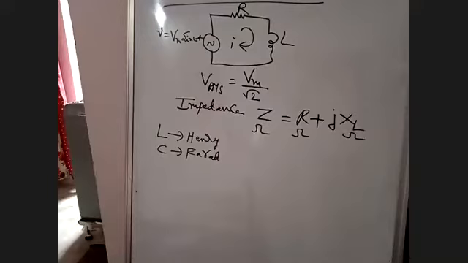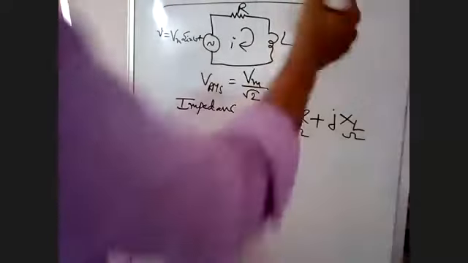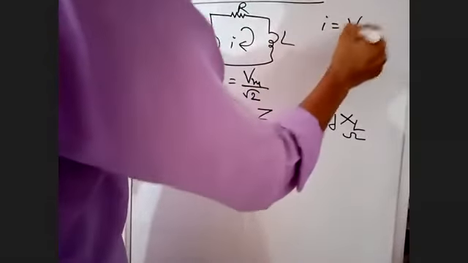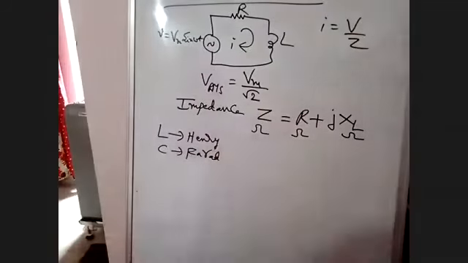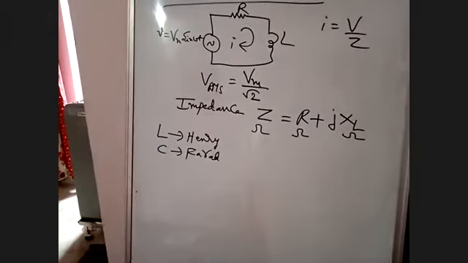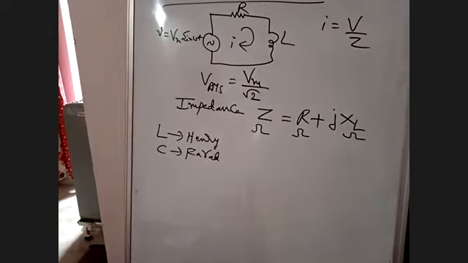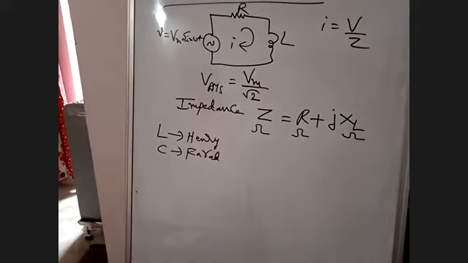In DC, I is equal to V by R because there is no inductance and capacitance. But in AC, we cannot take I is equal to V by R because inductance is also there.